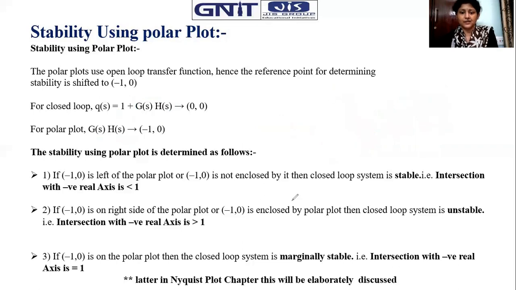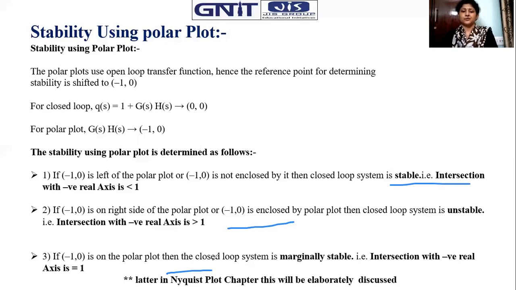The stability part will be discussed in the Nyquist stability criteria. You just have to find the intercept with respect to the real axis. It is very important, because in the Nyquist plot it will be connected to the stability of the system.